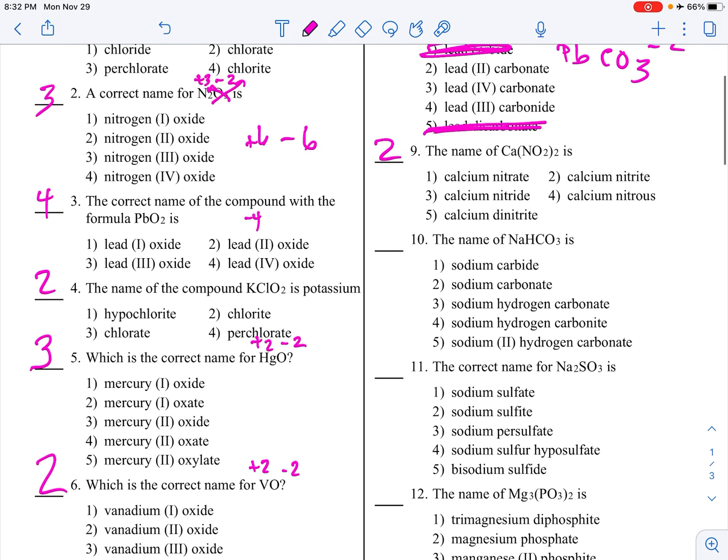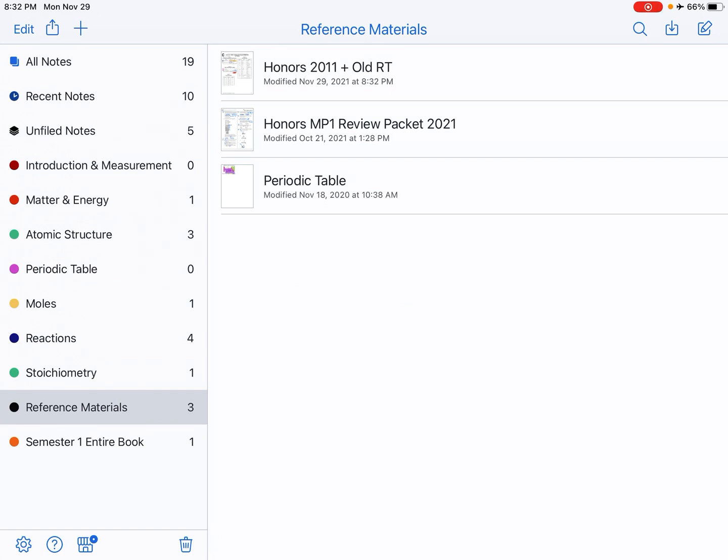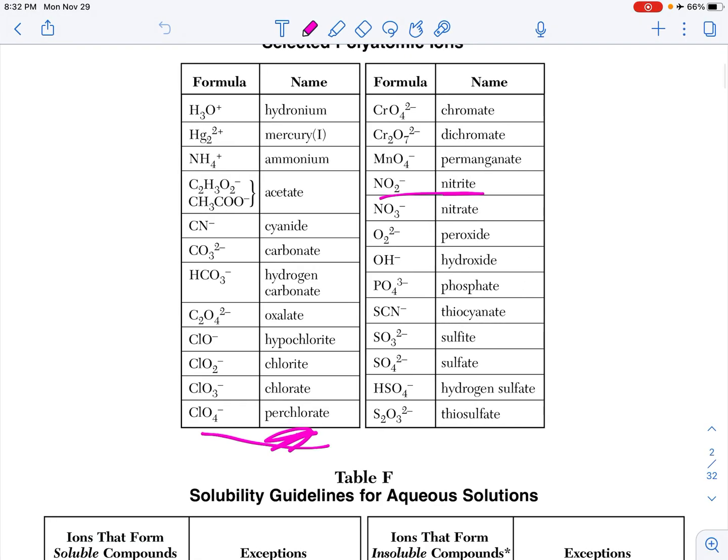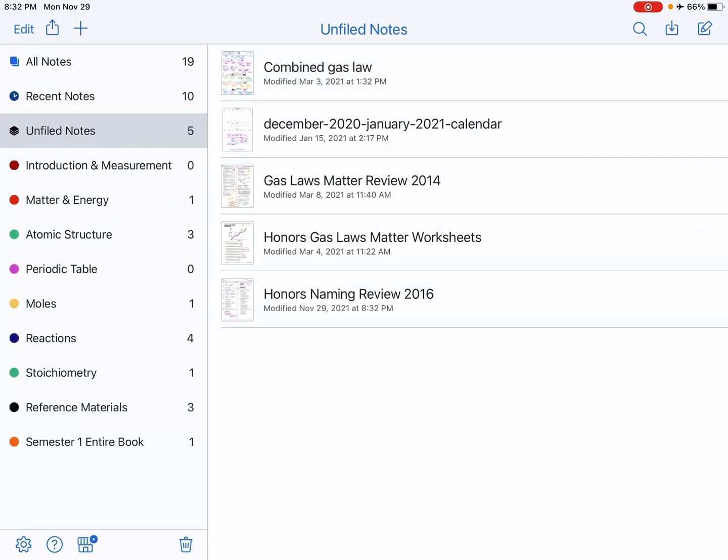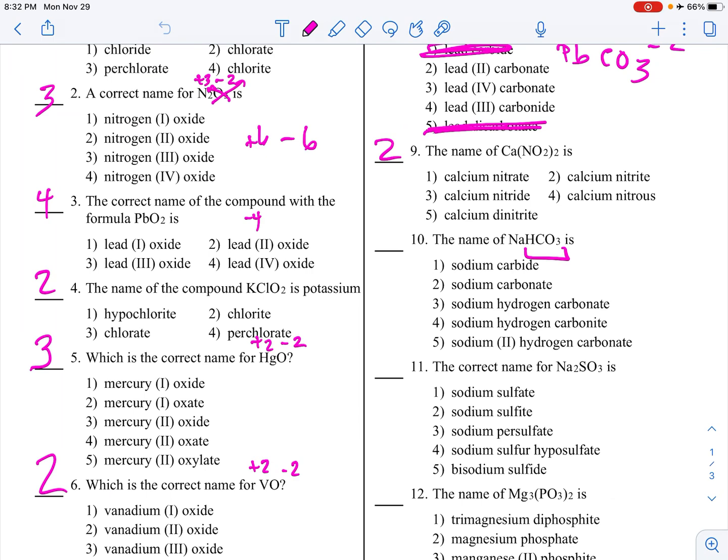The name of that is, okay, so sodium, and then what is HCO3? HCO3 is hydrogen carbonate. So sodium hydrogen carbonate, choice 3.